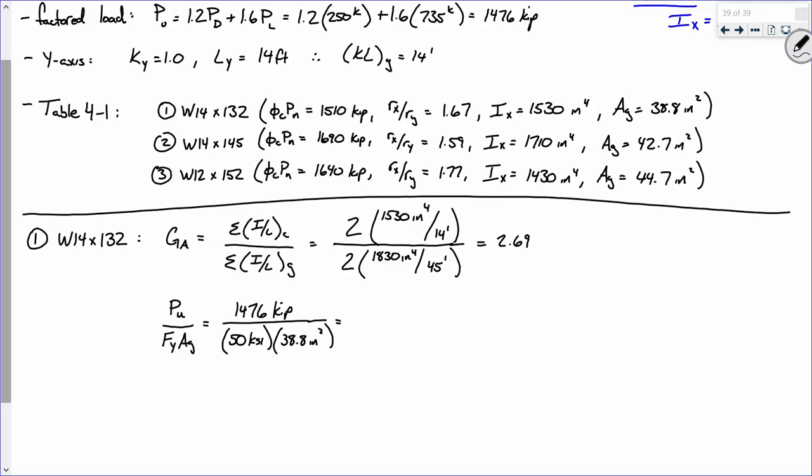What are the units on this calculation going to be? Unitless, there we go. So what do we get? 0.761. Do I have a second on that? All right. It's 0.761.